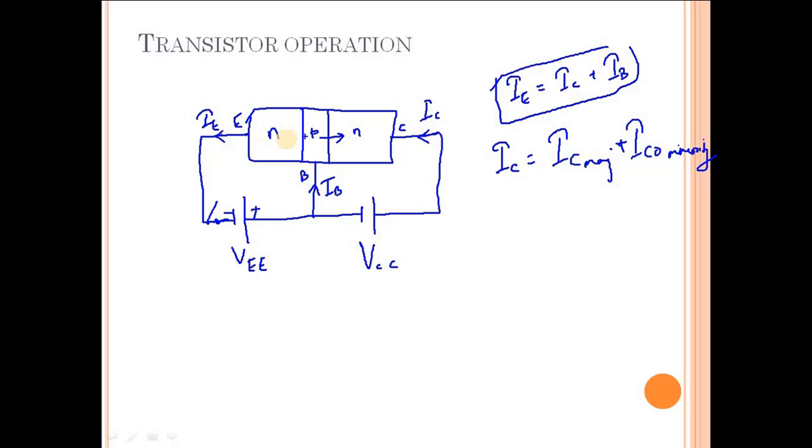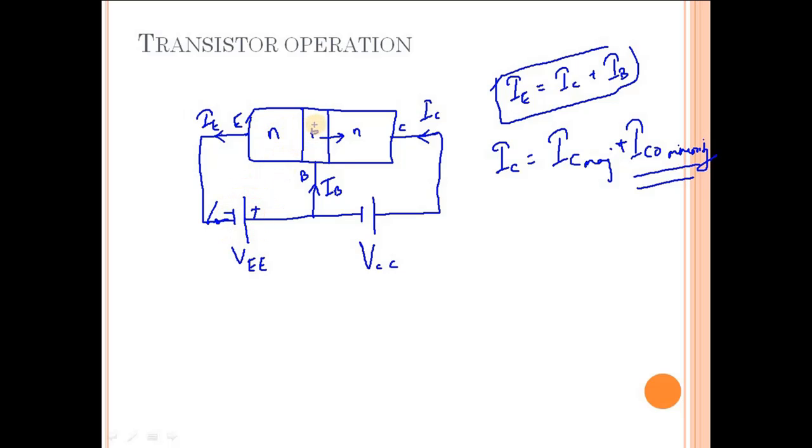So in such a case, whatever collector current exists, that is ICO minority, is due to those minority carriers of this base P layer which are already there in the P layer before it was added up with the extra electrons which move from N to P due to this biasing arrangement.